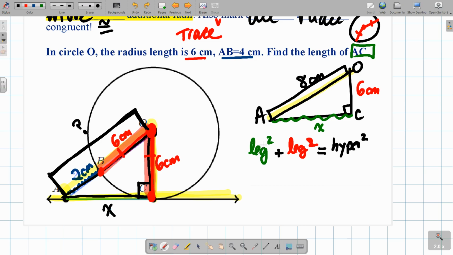Circle plug chug. Our one leg is our unknown, plus our other leg is 6, equals our hypo, of course, is 8.